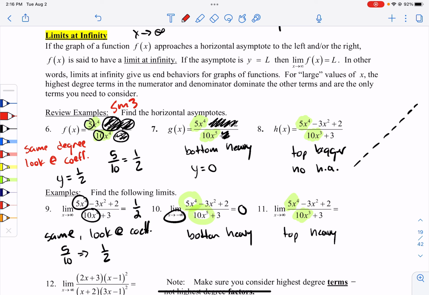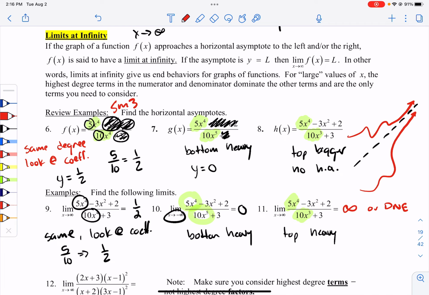That means that my function is doing something, but eventually it starts going like this. So what is my function approaching? As I go further and further and further to the right, my function is approaching infinity. My top is getting so much bigger than the bottom, I'm approaching infinity. Or, just like in the past, we could say that it does not exist.